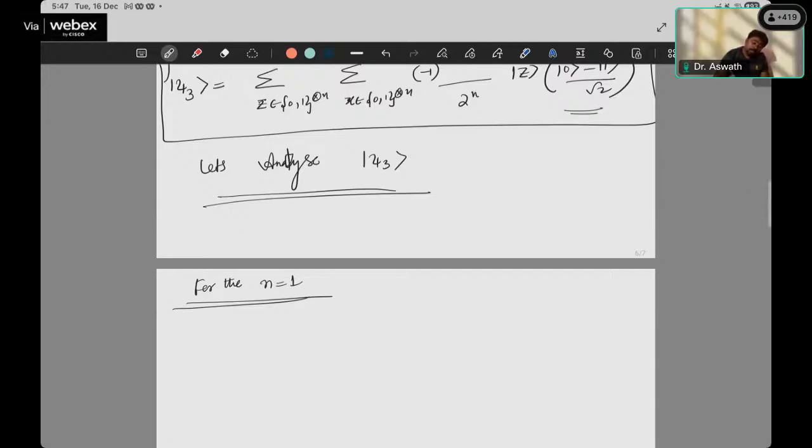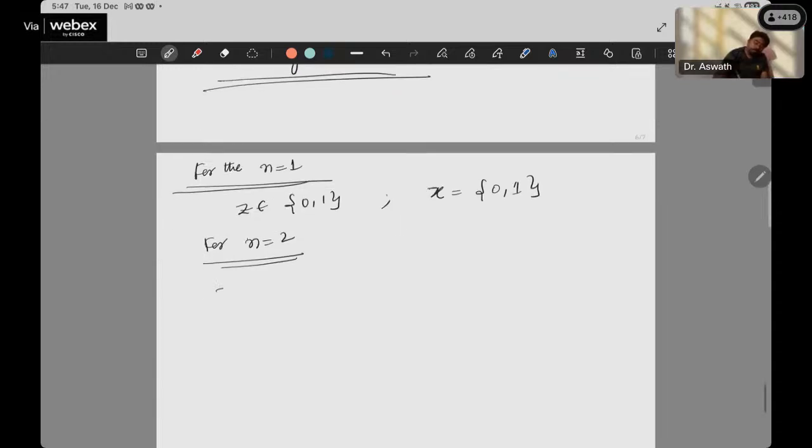Summation would be z belongs to {0,1}, similarly x belongs to {0,1}. Obvious. Now for n equal to 2, z belongs to 00, 01, 10, 11, and x belongs to 00, 01, 10, 11.